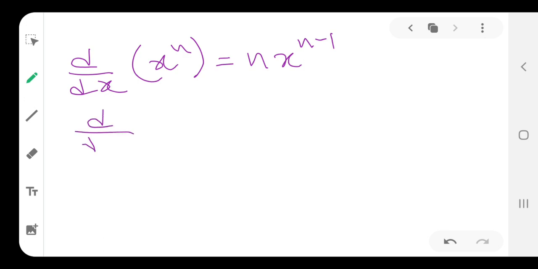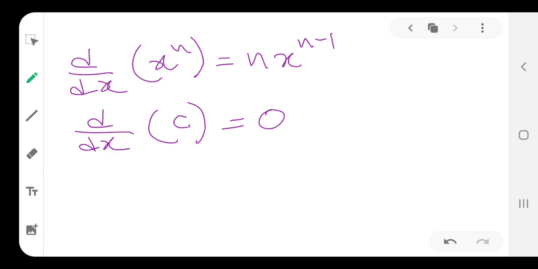for today's study, d/dx of any function we have learned comes like this, right? d/dx of any constant is 0 because the angle itself is 0, right?